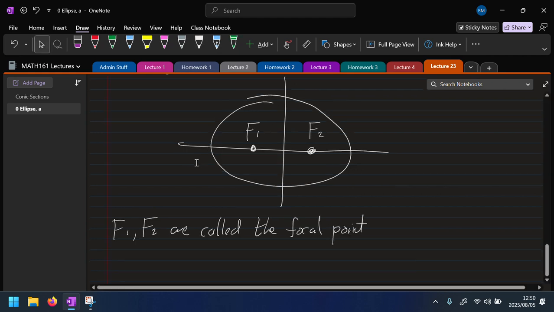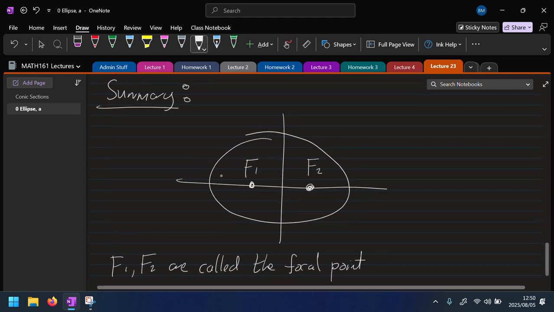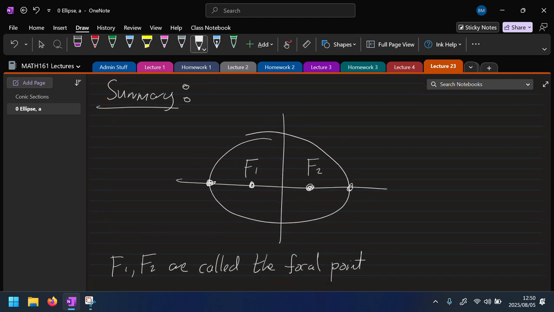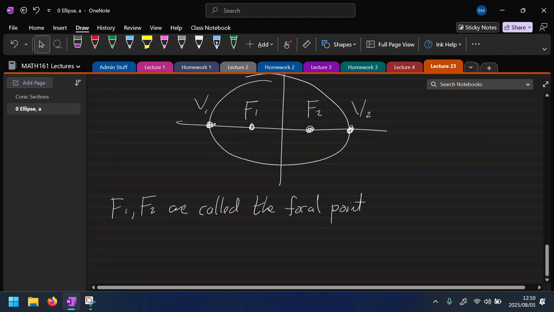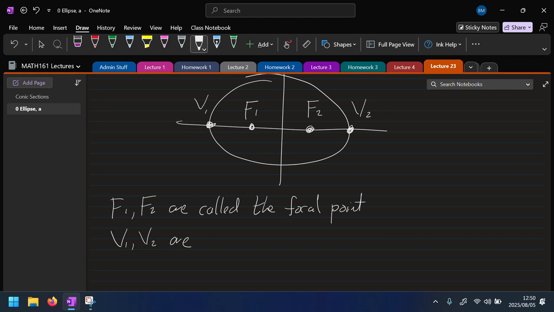Okay. Then we have two other points. So these endpoints here of the ellipse, so on the extreme left and the extreme right, we call that V1 and V2. Those are called the vertices. Right, it's just the names that we give to these points.